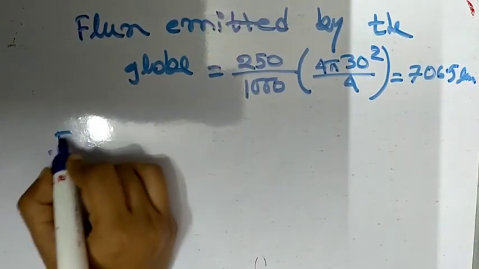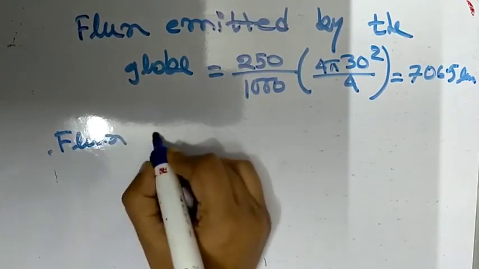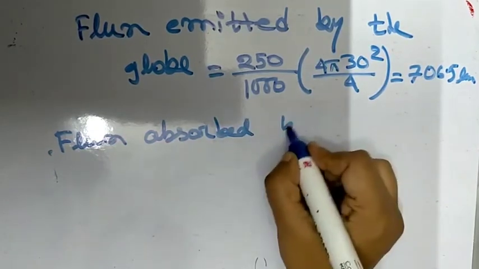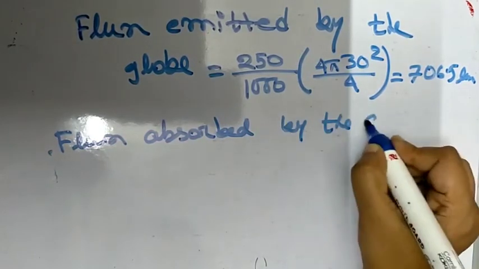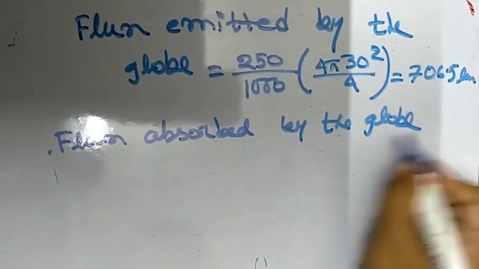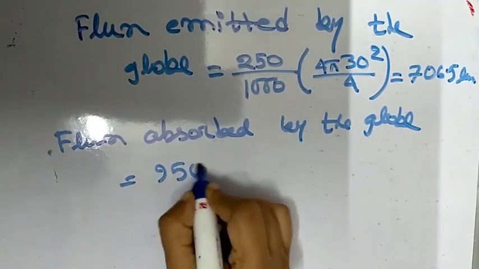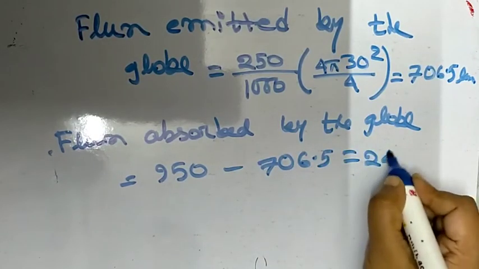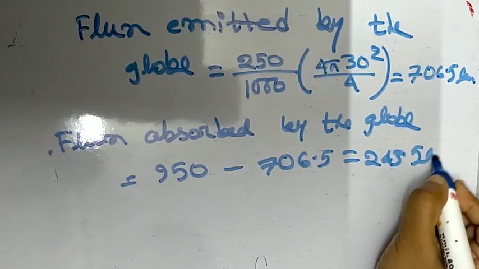Next, flux absorbed by the globe is 950 minus 706.5, that is 243.5 lumens.